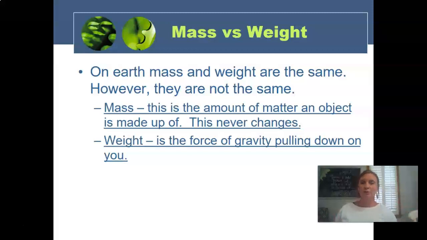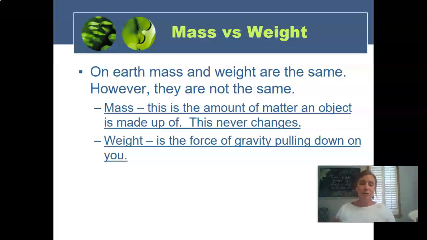That would be crazy if it were just grams. So the gravitational pull is a little bit different at the top of Mount Everest versus at sea level because there's more gravitational pull pushing on you as you get closer and closer to the center of the Earth. So the force of gravity pulling down on you.